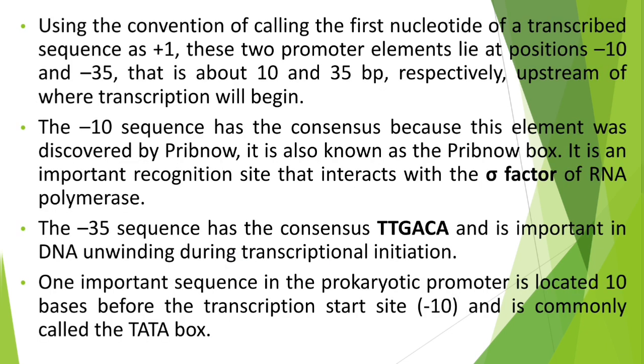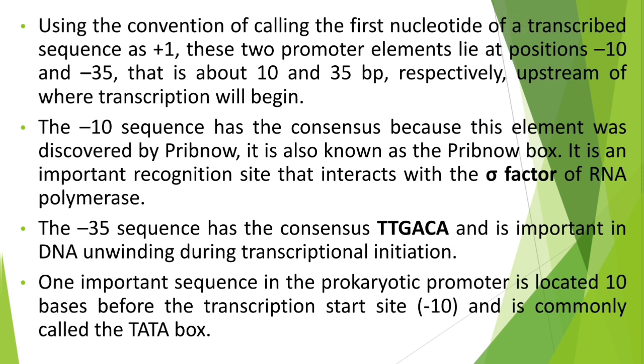Using the convention of calling the first nucleotide of the transcribed sequence +1, these two promoter elements lie at the positions -10 and -35, that is about 10 and 35 base pairs respectively upstream of where transcription will begin. So that holoenzyme will recognize the -10 and -35 sequences.